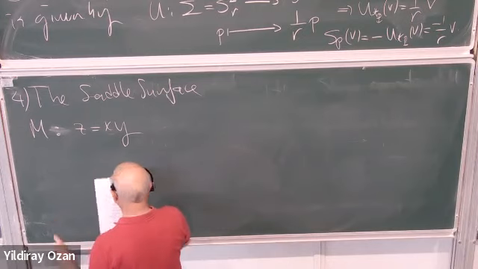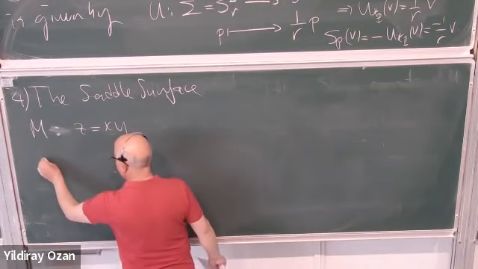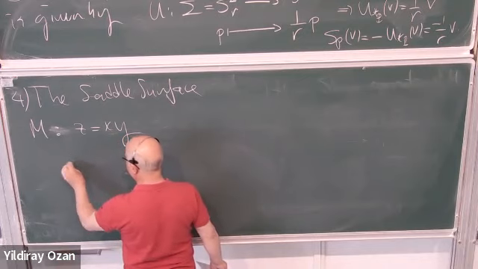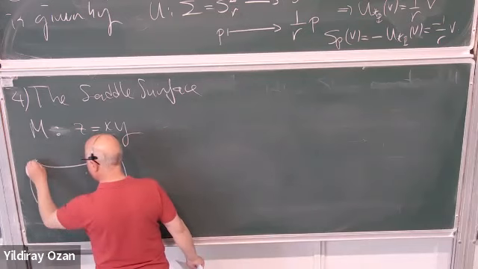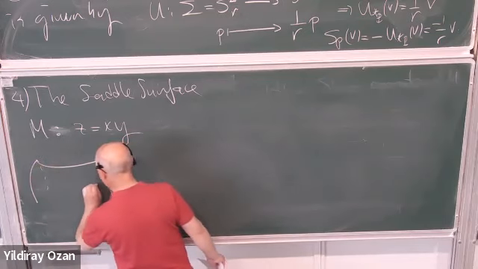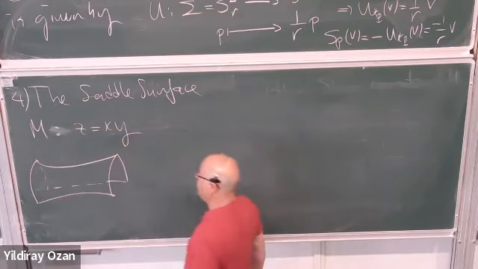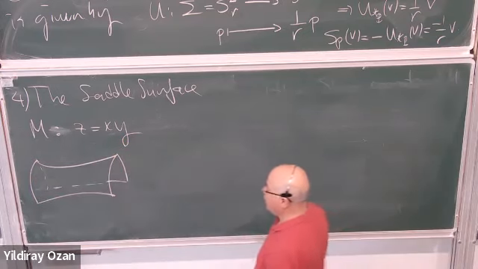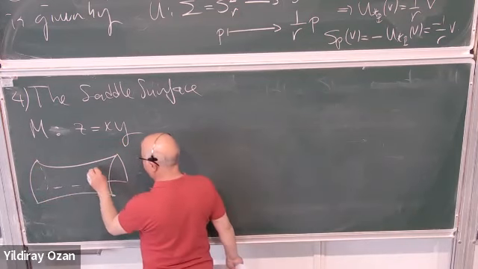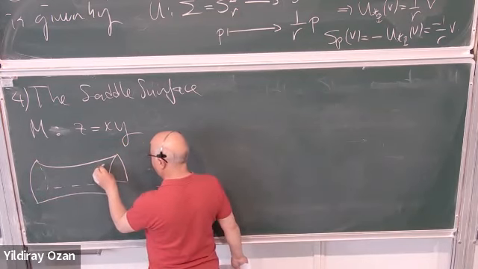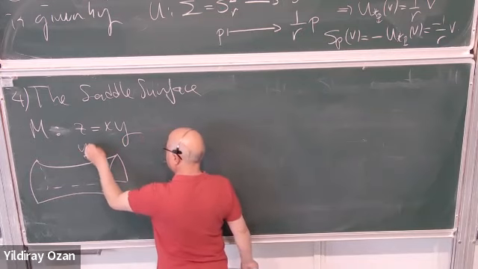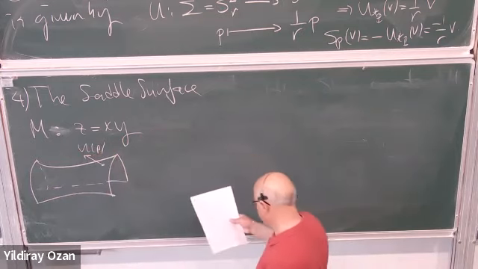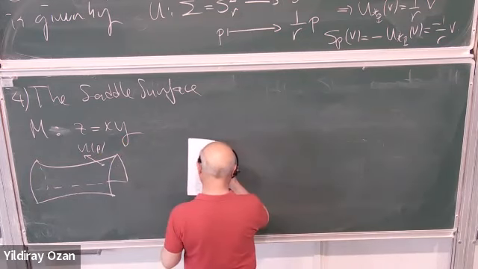All right, so first I need to find, so this surface is something like this. Okay, something like this. I have to find a unit normal vector field. Okay, so the normal vector field is something like this, and we have to find an expression for this.